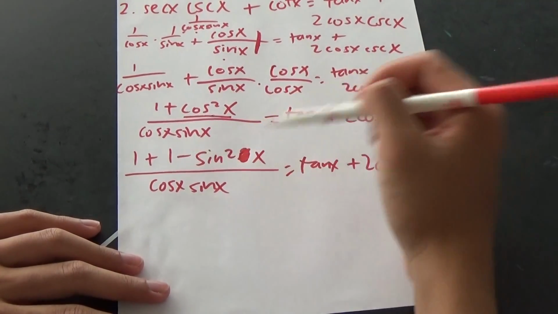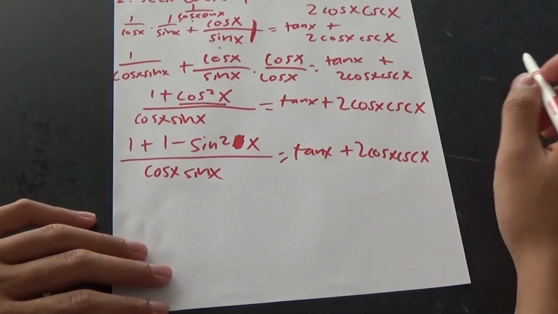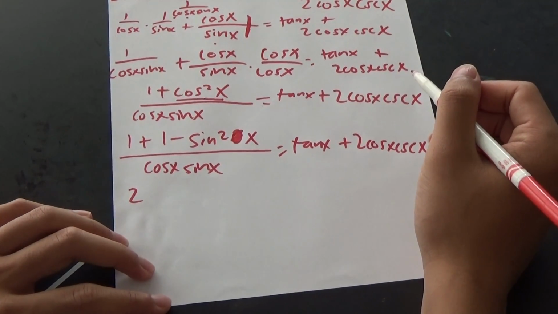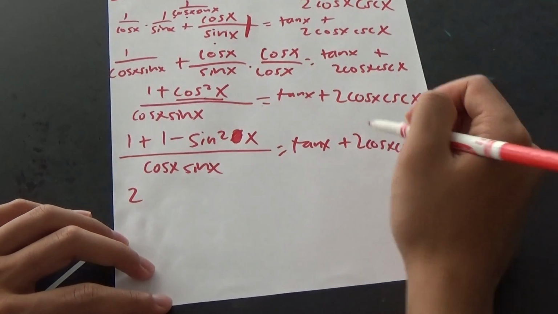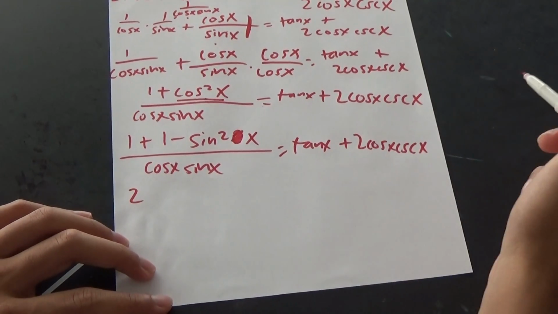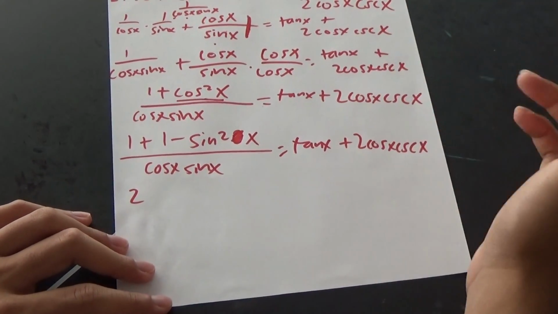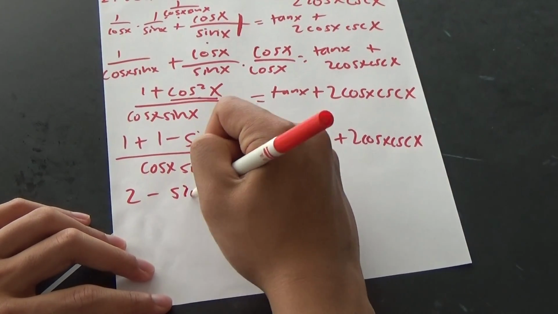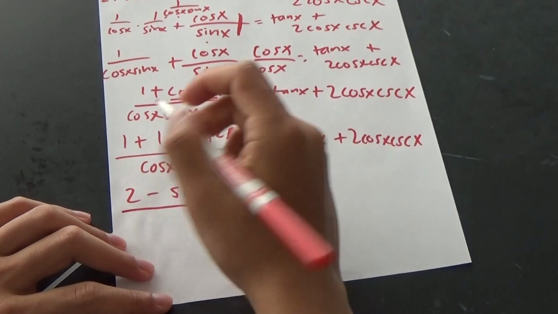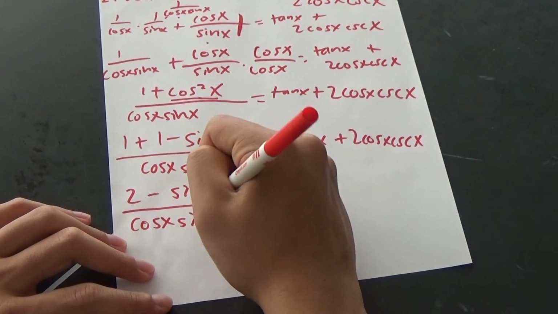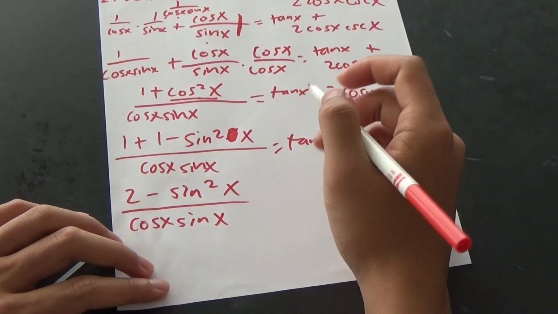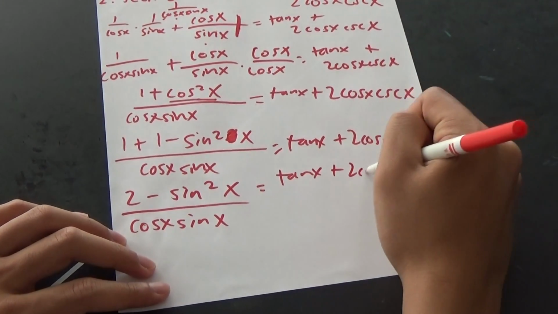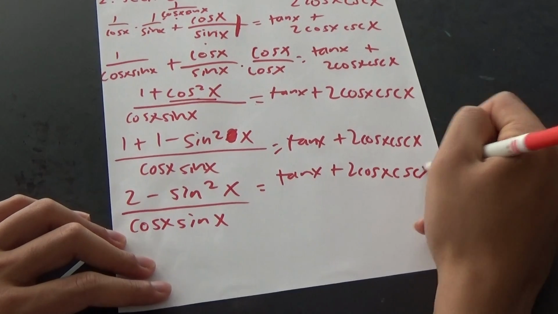And the reason why this really looks like it's gonna work is because you end up with a 2, right? 1 plus 1, you end up with a 2, and on the other side there's another 2. So, I mean, yeah, this looks like the right way to go, honestly. So what you have is 2 minus sine squared x all over cosine x sine x equals tan x plus cosine x cosecant x, okay?